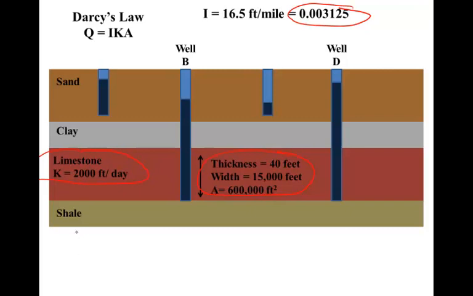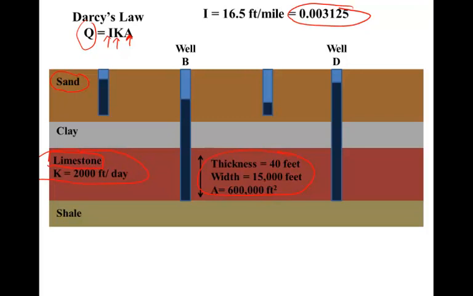So we have everything we need to calculate discharge, Q, because I, we found before, K is a given value based on the aquifer material, in this case limestone. K would be different for sand or other types of aquifer materials. Then A is the measured thickness and width of the aquifer.